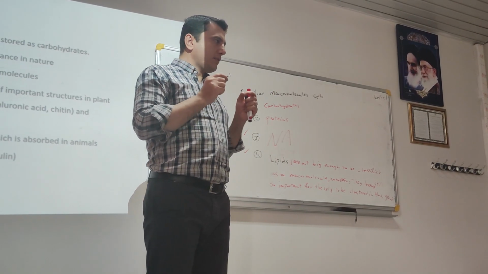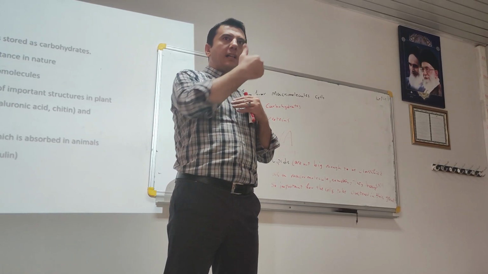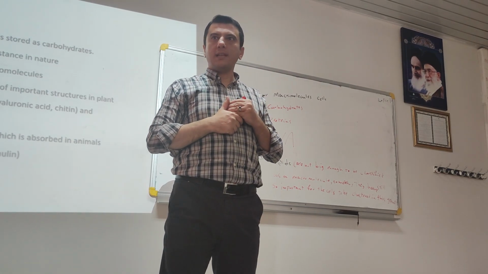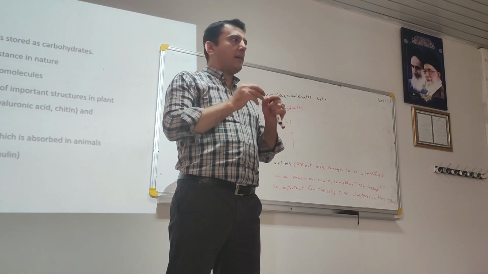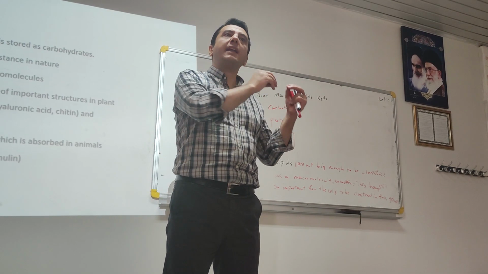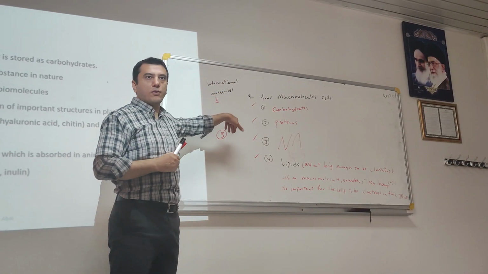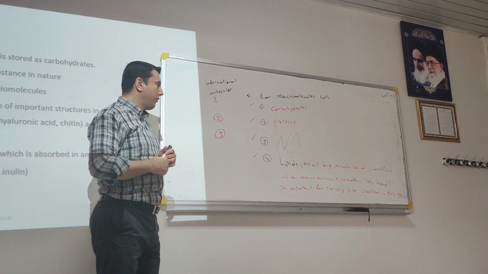This information is stored in our DNA and transferred to RNA to produce proteins. So DNA has the required information to produce another molecule. Therefore, DNA is a type of informational molecule, or nucleic acids are.